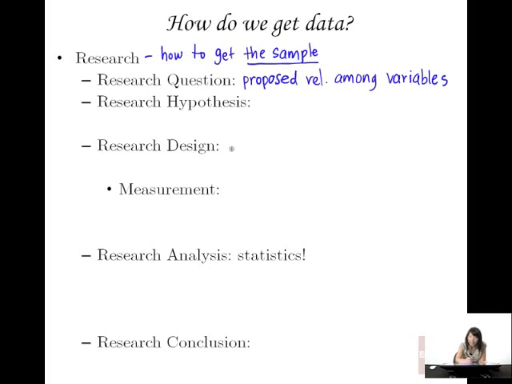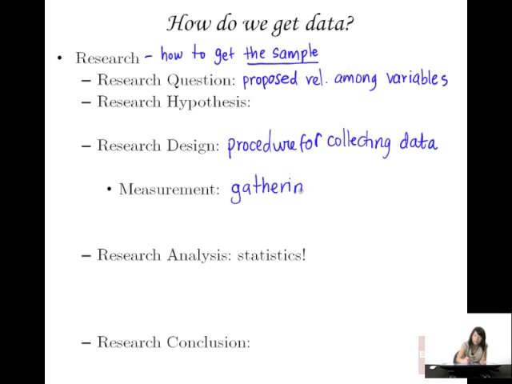The research design is the procedure that we use for actually collecting the data. And measurement is actually the process for gathering quantitative information that represents some variable or variables.